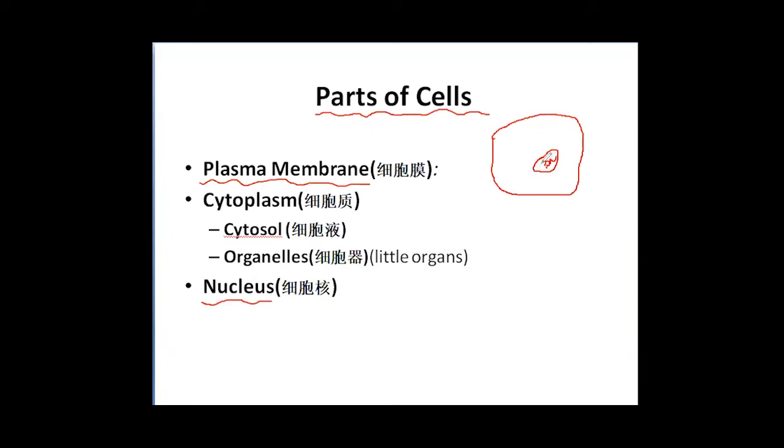Then between the nucleus and the plasma membrane, we have a lot of liquid in there. This kind of liquid inside the cells, we give it a special name, cytosol. This means the liquid between the cell nucleus and the membrane.